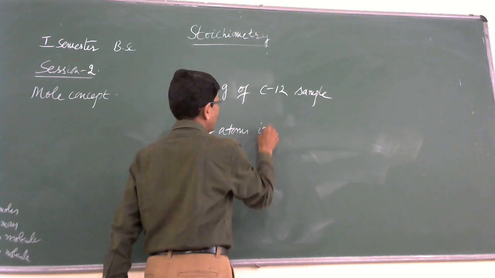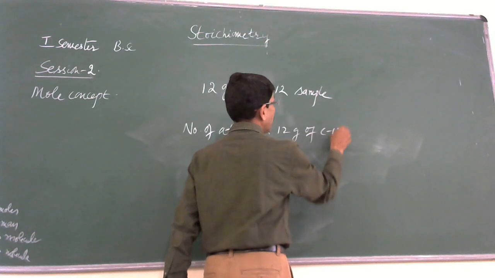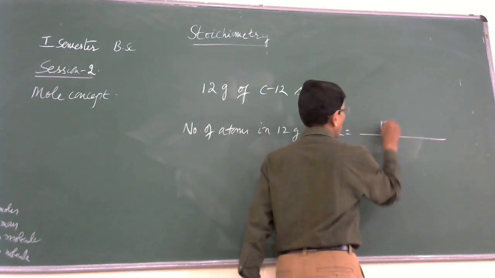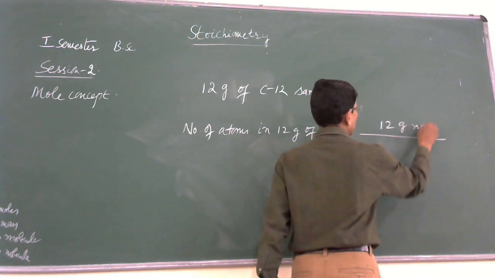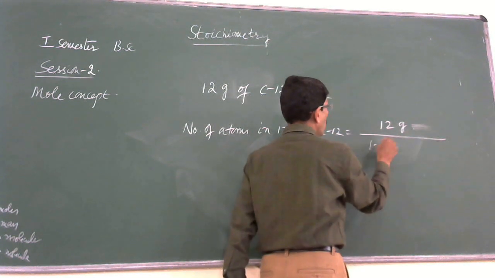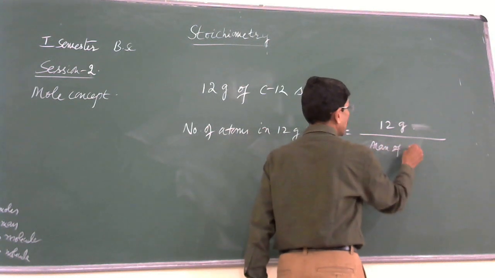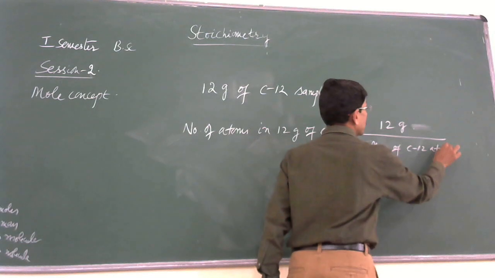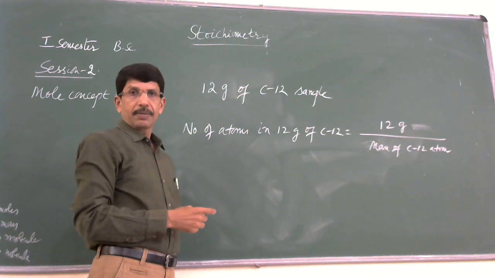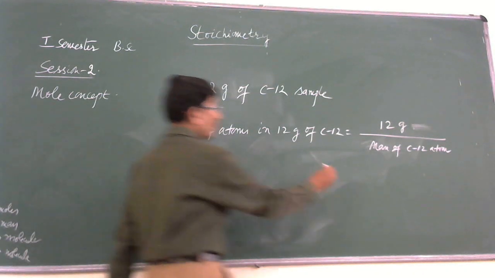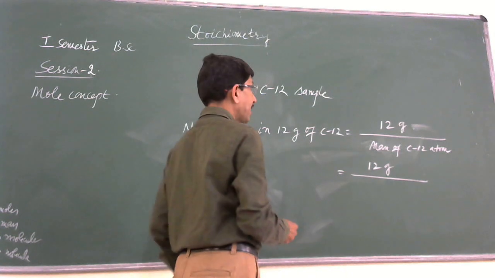in 12 grams of C12 is equal to 12 grams divided by the mass of one C12 atom. So this gives you the number of atoms in 12 grams. So what is the mass of one C12 atom?